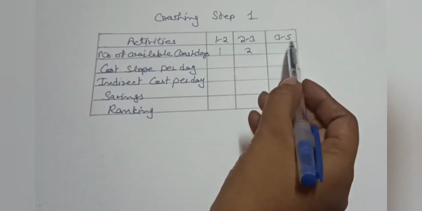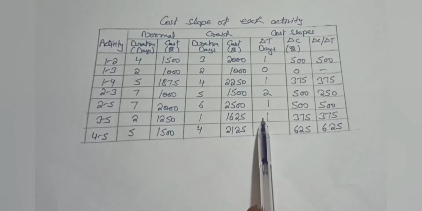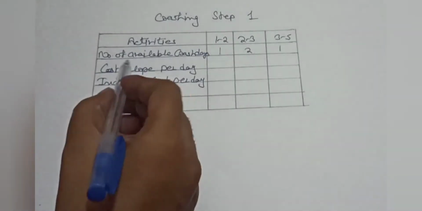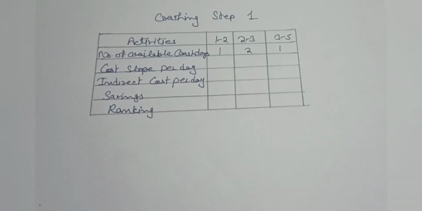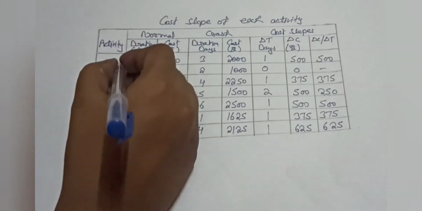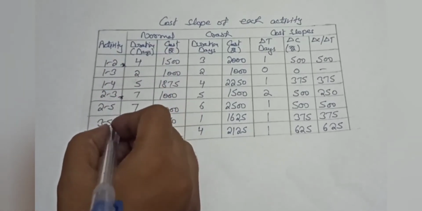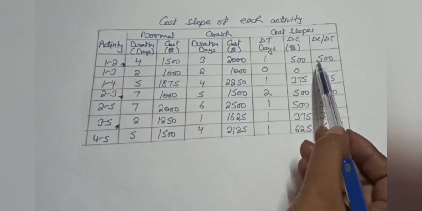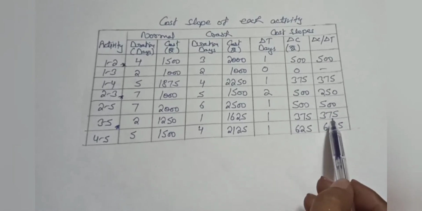For activity 3 to 5, as you can see, slope is 1. So we will write here 1. Now in these columns, we will write cost slope per day. So students, you can see in this chart, these are our critical activities. So cost slope for these activities: for first activity 500, then 250 and then 375.